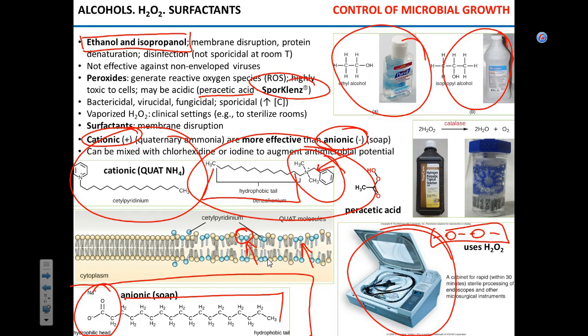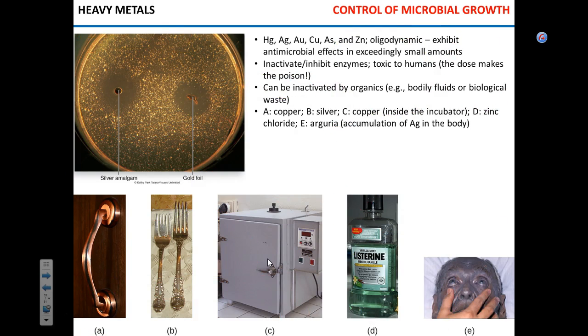So for instance, when you wash your hands with soap, it is more of a degerming agent, not antisepsis. Because it reduces the surface tension, it helps to lift microbial cells from your skin and just wash them away. Does that make sense? Good? Okay, we're going to talk about heavy metal, which I always like to talk about.